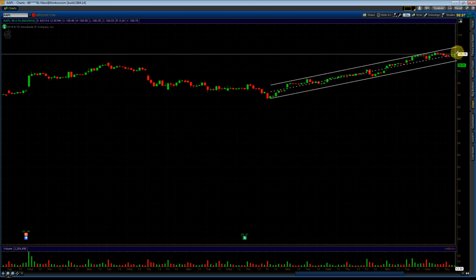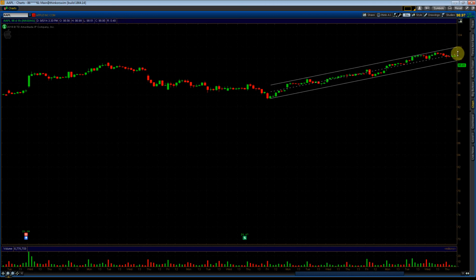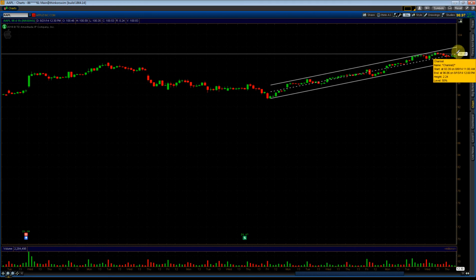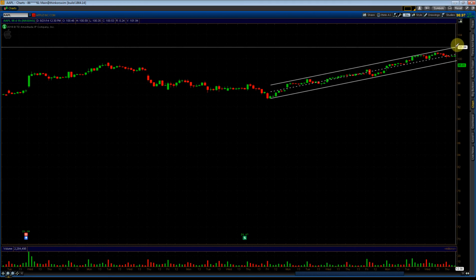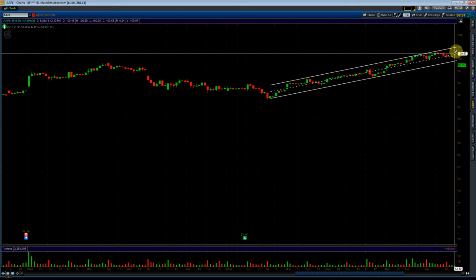Now the other thing to look at is if I cross my 50% line, I still got from about $100.83 up to 102. So still a $1 move if I really wanted to force that trade, and my stop would be any close below the 50% line.